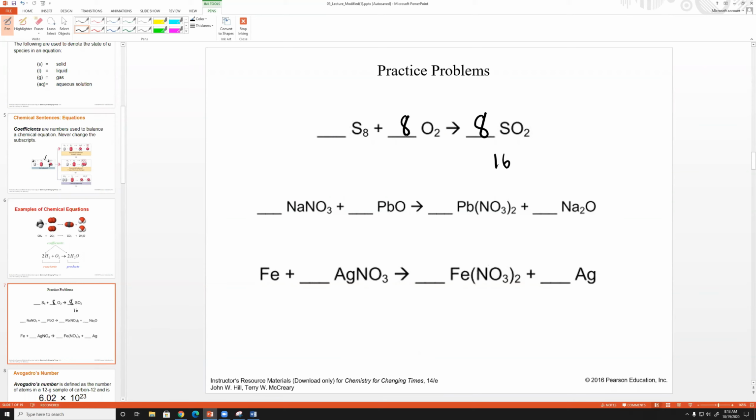It makes it work. If we don't have a coefficient, we can consider that to be a 1. So that would be the balanced reaction, and you can check it over. You have 8 times 2 oxygens, 8 times 2 oxygens, 1 times 8 sulfurs, 8 times 1 sulfurs, and that works out. Okay, so any questions on that one?